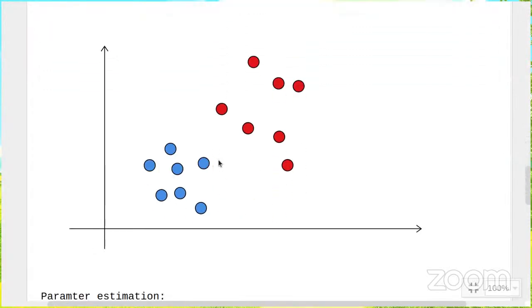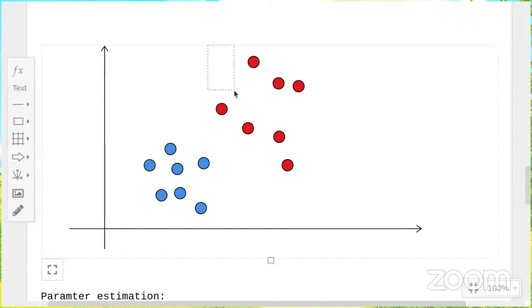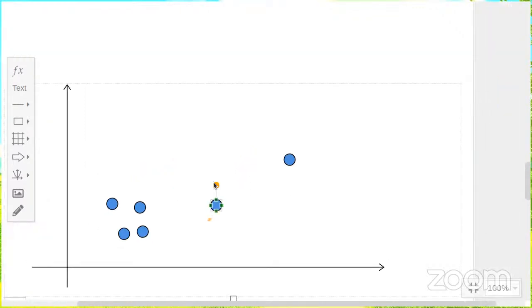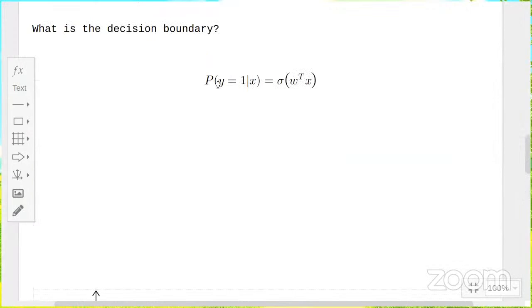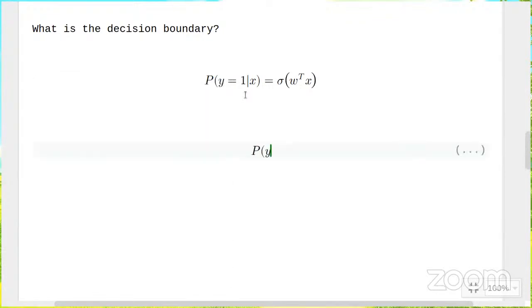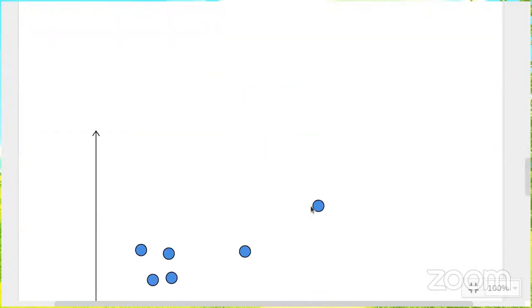I will pick up one point at a time from this XY plane. Assume that they don't have any colors, they're all just colorless points. I'll pick up, say, this 7, 4, and then 5, 3. Each such point I'll pass through this model. It will give me some probability. If that probability is greater than 0.5, I will color that point as blue. If not, I'll color it as red.